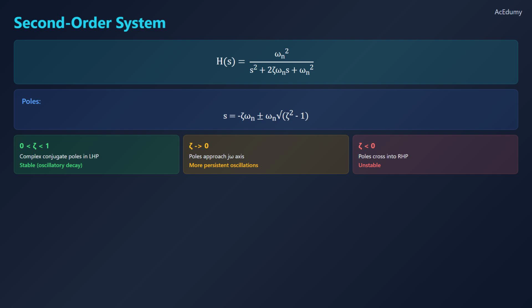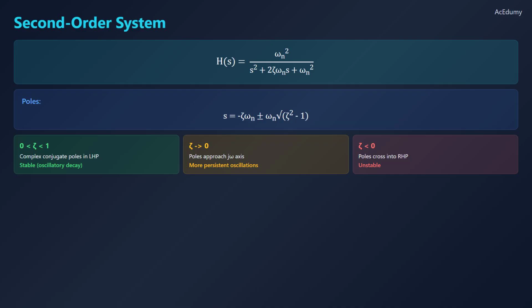For a second-order system, the transfer function is omega n squared over s squared plus 2 zeta omega n s plus omega n squared. The poles are at s equals negative zeta omega n plus or minus omega n times the square root of zeta squared minus 1.